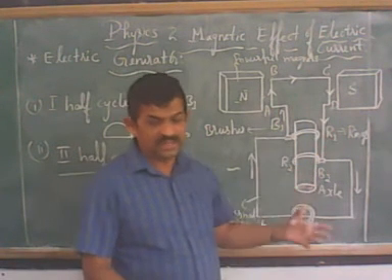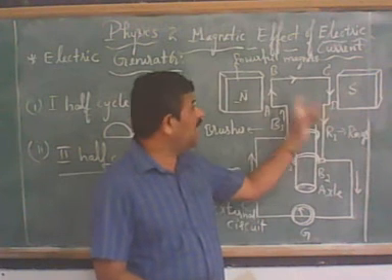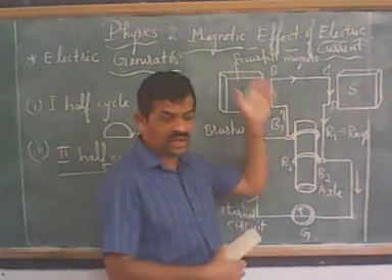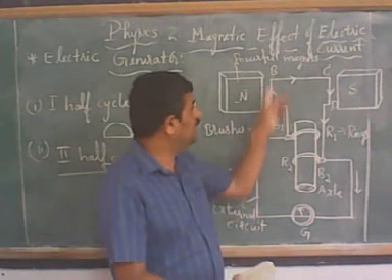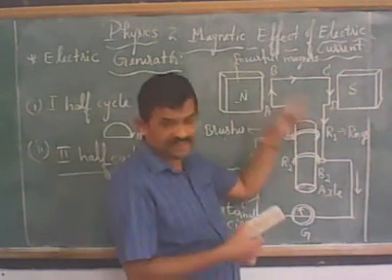Similarly, in the second half, the CD edge comes up and the AB edge gets down.